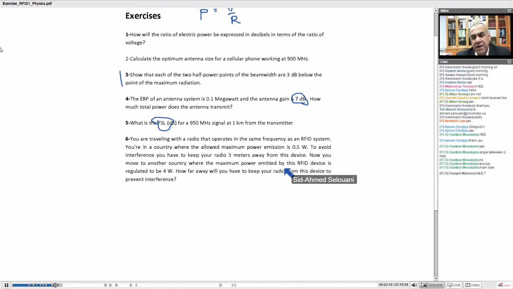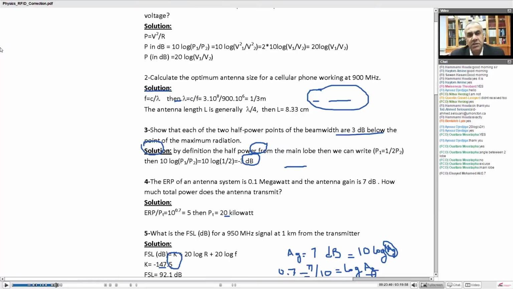Now you move to another country where the maximum power emitted by this RFID device is regulated to be 4 watt. So the regulations change from a country to another. How far away will you have to keep your radio from this device to prevent interference, because you are changing the countries?